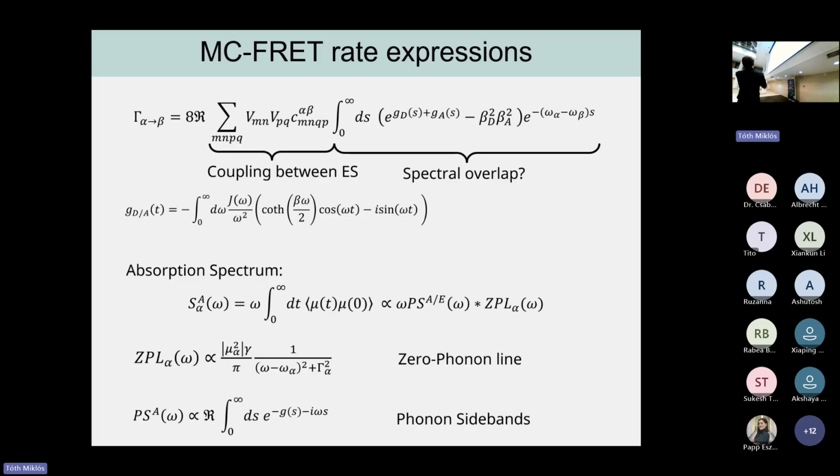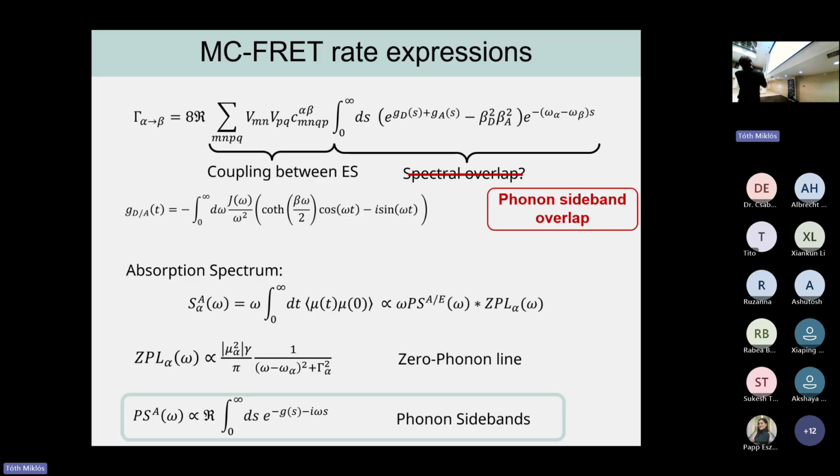These phonon sidebands are related to the hopping between eigenstates. So how we can interpret this physically is that in MC-FRET, the transfer between eigenstates is facilitated by the absorption and emission of a phonon. Therefore, what is important for these rates is not the overall spectral overlap, but only the spectral overlap between the phonon sidebands.